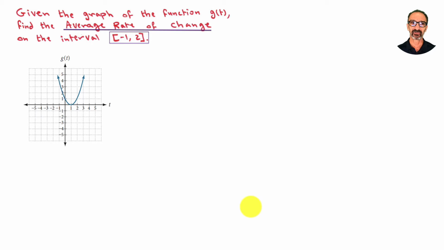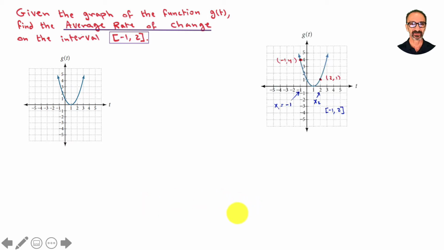Given the graph of the function g of t, find the average rate of change on the interval from -1 to 2. Now notice that -1 is x1 and 2 is x2. Once you locate them, you could go up to the graph and locate the y values that correspond to the 2 value and the -1 value.